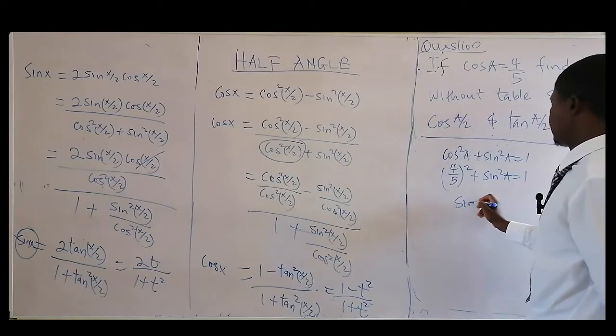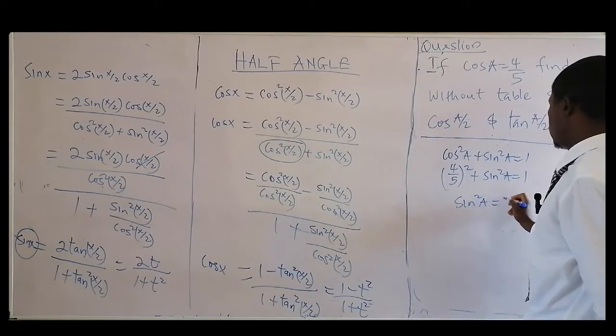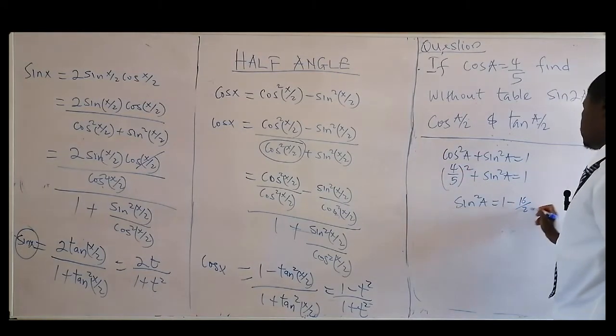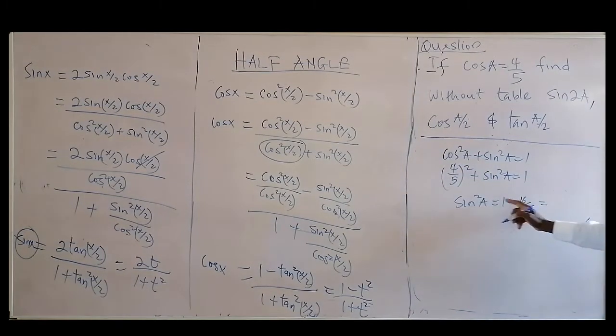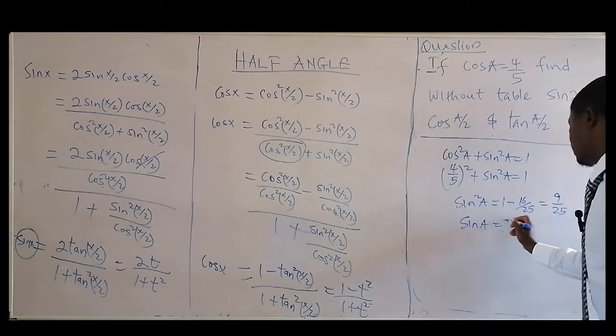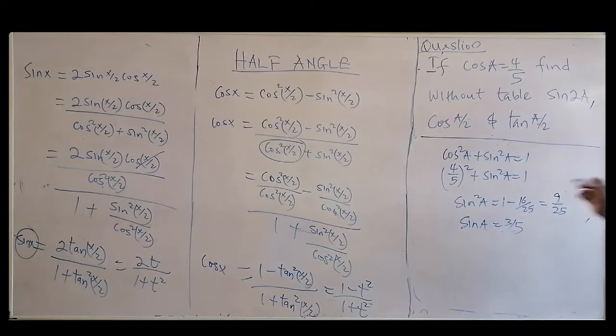So sine square A is 1 minus 16 over 25, and that's 25 minus 16, that's 9 over 25. Take the square root. So sine A is 3 over 5.